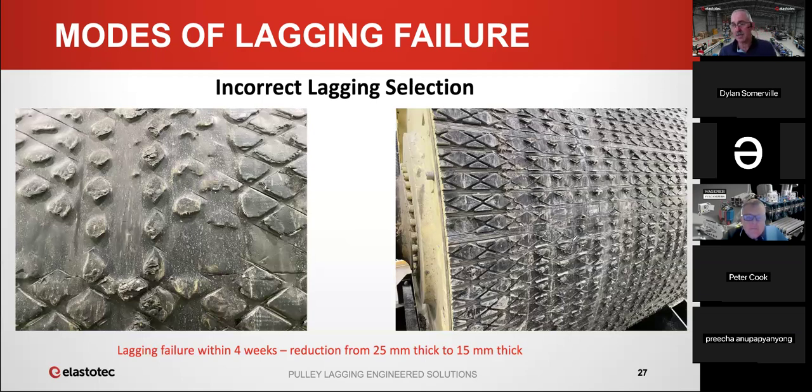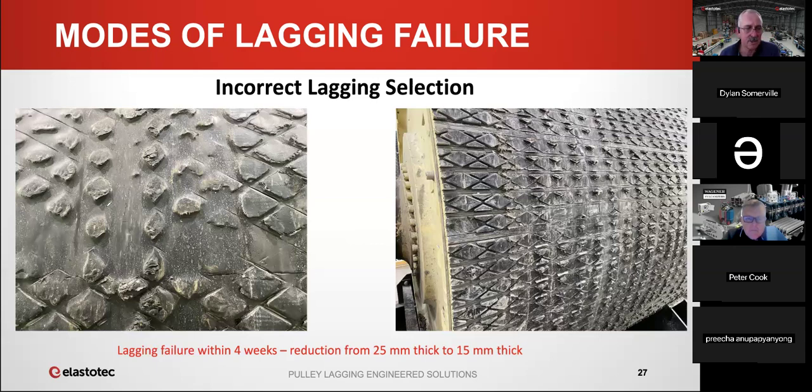So based on past experience, the same lagging was left in place because it had been working okay. Now, when the belt was changed, within 4 weeks this lagging went from 25 mil thick to 15 mil thick. You can see that the big diamonds have been completely torn away.